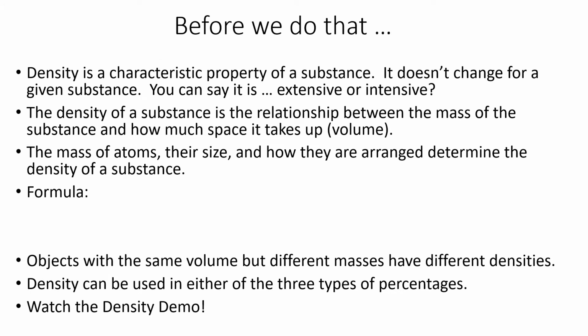Before we do that, we got to discuss a certain property. It's called density. It does not change for a given substance. So between these two, which one is it? If it's not going to change, regardless of how much you have of something, is it extensive or intensive? Hopefully you're saying intensive, because extensive depends on how much you have of something.